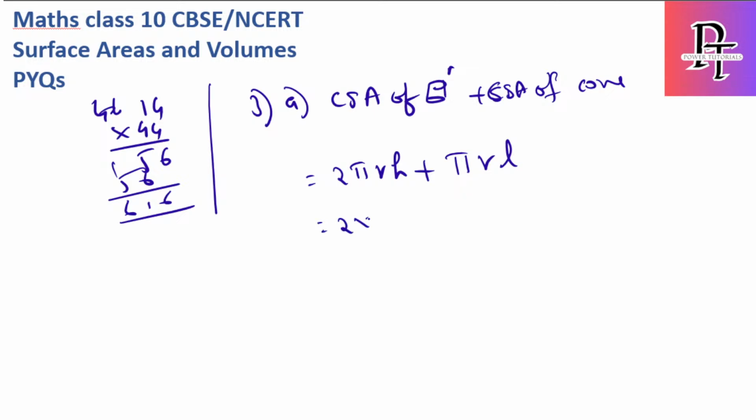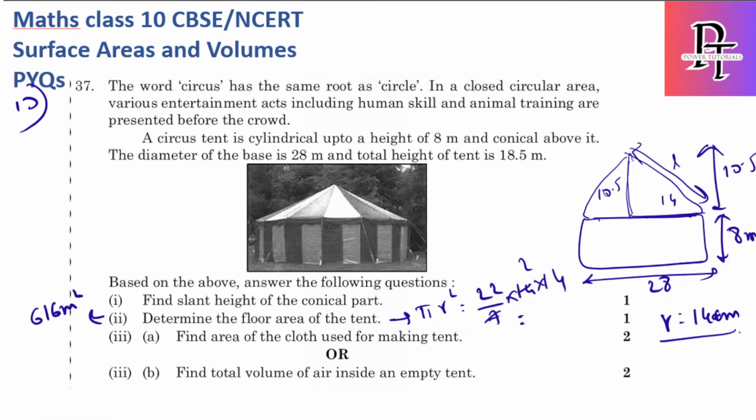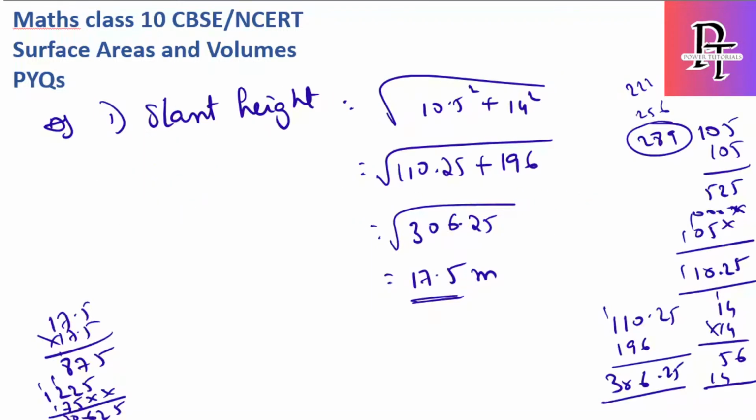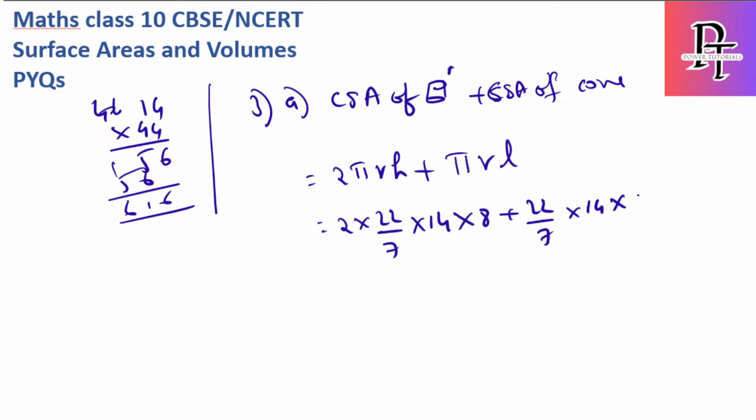So 2 into 22 by 7 into radius 14, height of cylinder is 8, plus 22 by 7 into radius, which is the same, 14, and length, the slant height, we got as 17.5. 7 2s are 14, 22 2s are 44, 88 into 8 plus 44 into 17.5.